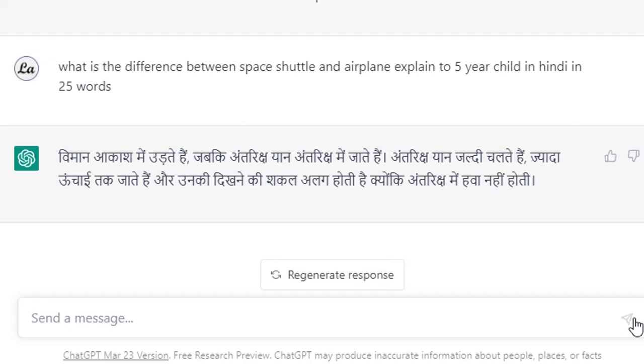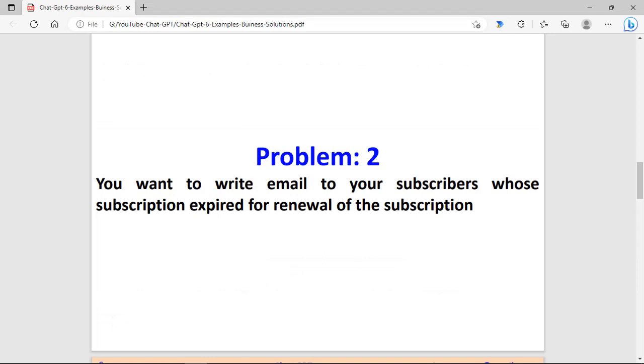So if we check the language, it is Hindi, and if we count the words in Hindi, there are 25 words. So this way we can add the condition and the intent in the question for ChatGPT. Now we check the next problem.